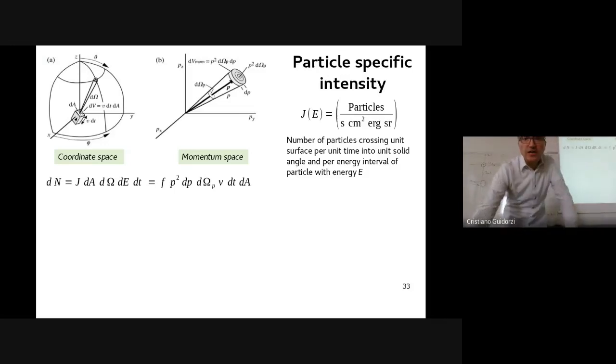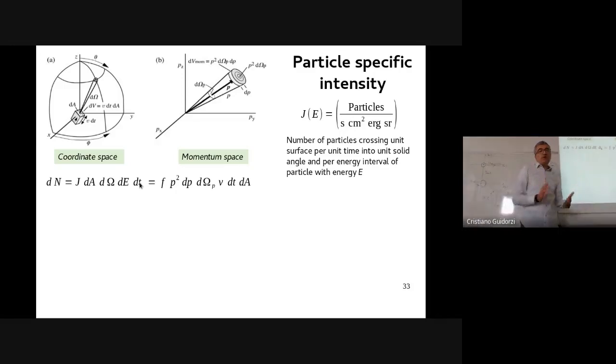If you look here at the units of measure, in order to have particles, you have to multiply by an area, centimeter square, so by dA. You have to get rid of the steradian, so you multiply by d omega. You have to get rid of the erg, so multiply by dE, exactly the energy interval. And finally, you get rid of the seconds, so multiply by the time interval you consider.